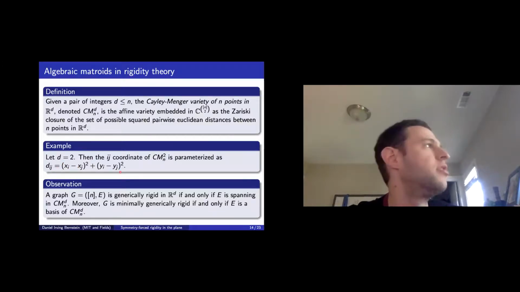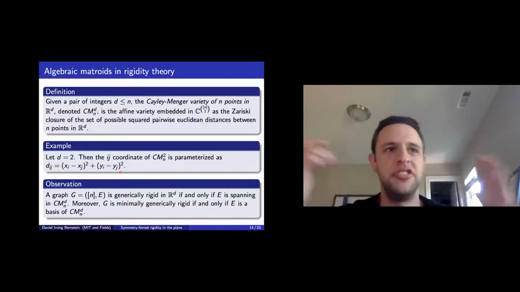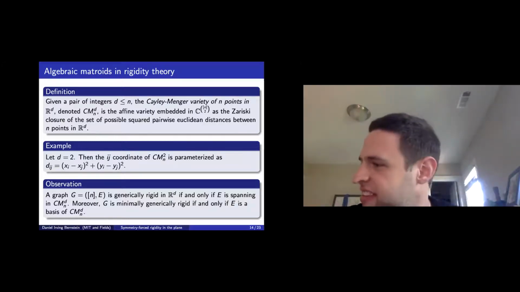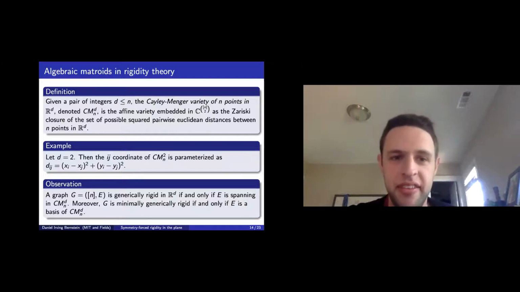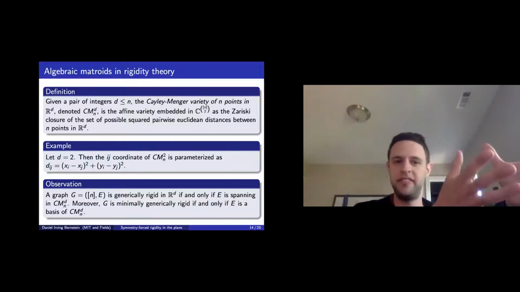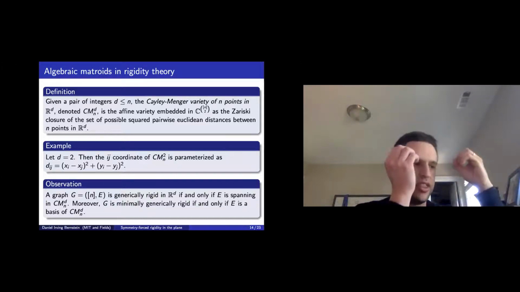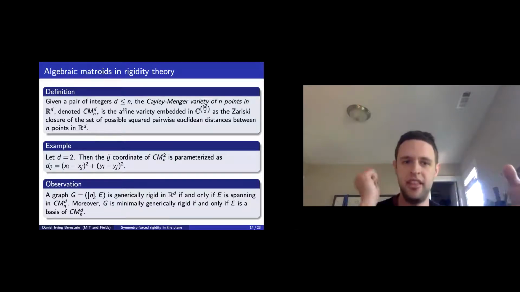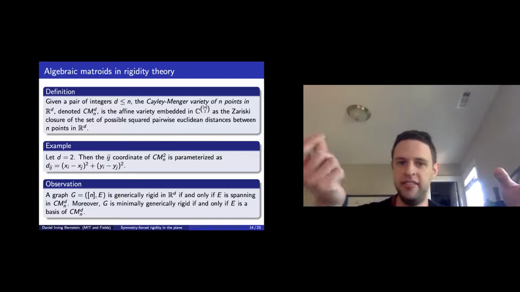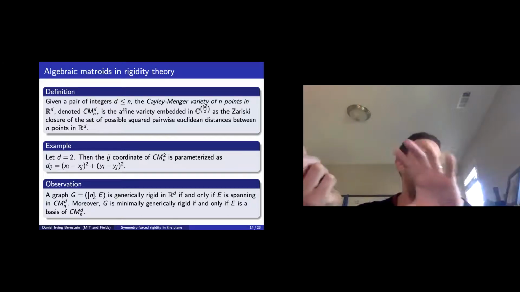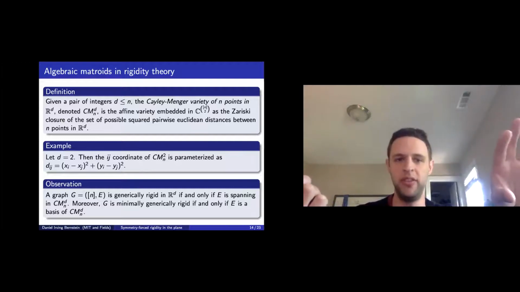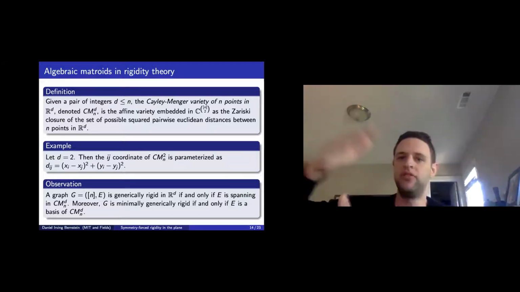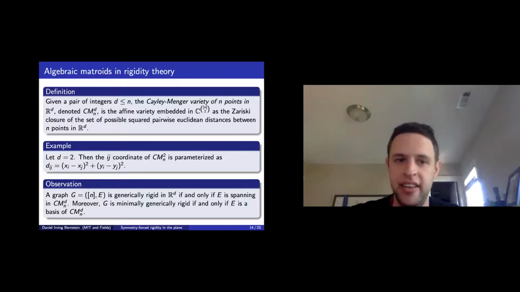To say the same thing again in a different way: you have n points sitting in d-dimensional space. You take their pairwise distances. This gives you 1 point in C to the n choose 2. Now do this process for every collection of n points in d-dimensional space. This gives you some set in C to the n choose 2.